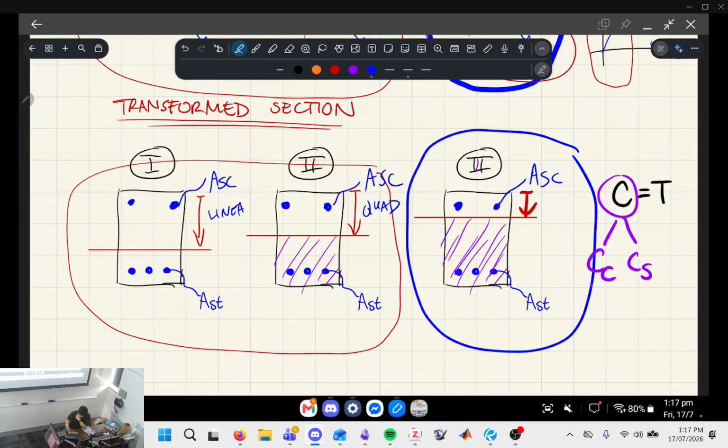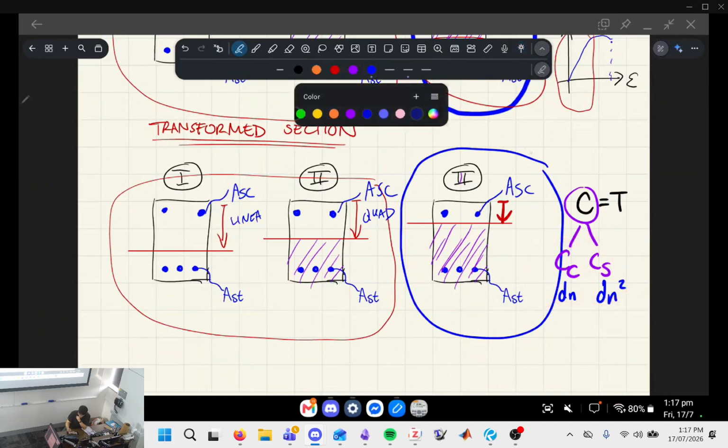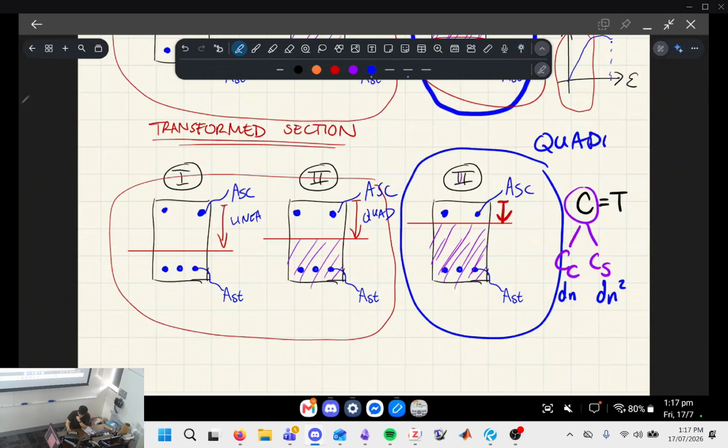The compressive concrete will have a factor of dn in it, but the compressive steel is going to have dn squared embedded into it. I'll explain what that means in a second. But basically, you're going to need to use the quadratic formula to solve for doubly reinforced concrete in stage 3.